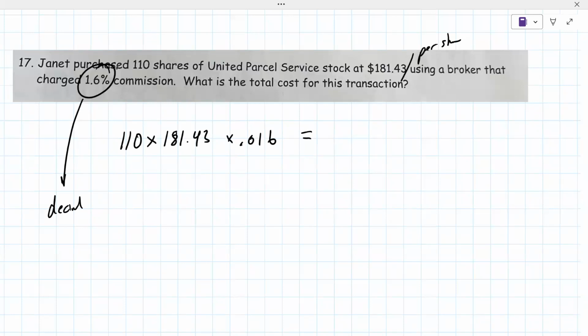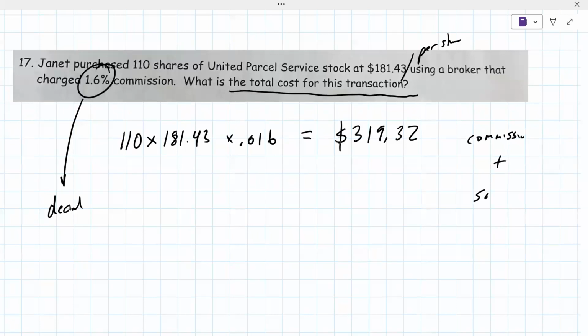Okay. $219 and $32.32. Now that's how much you paid in commission. This wants the total cost for the transaction, so that means the commission plus the sale of the stock.